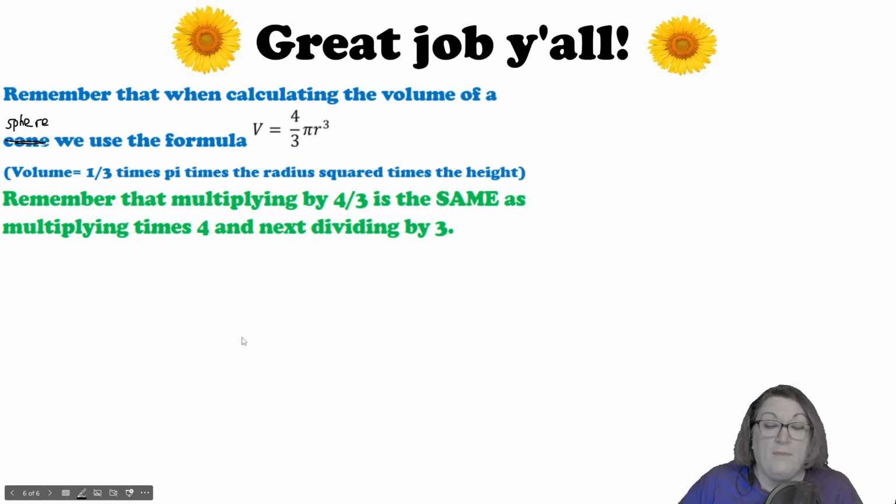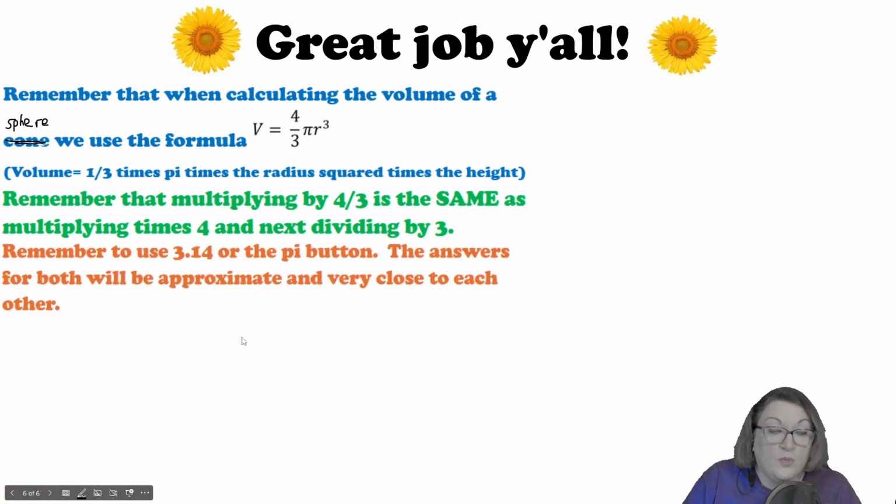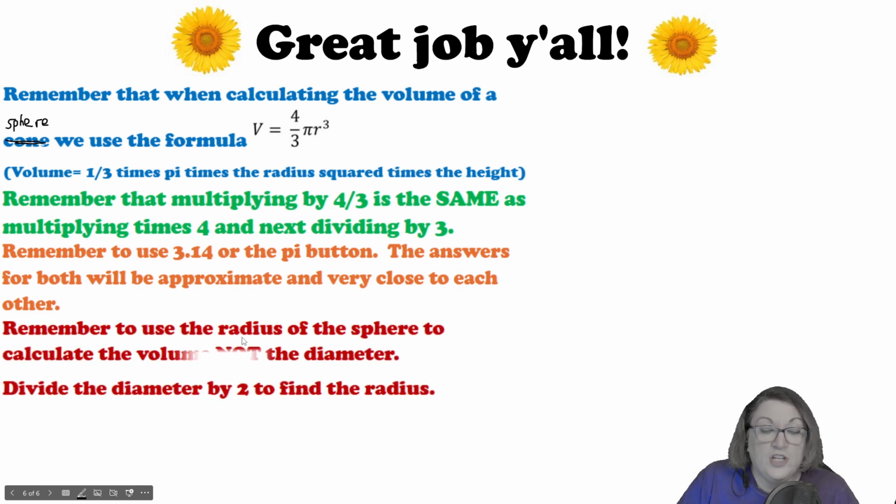And remember that multiplying times 4/3 is the same as multiplying times 4 and dividing by 3, in case your calculator does not have a fraction button. Also, remember that whether you use 3.14 or the pi button, the answers will be approximate, very close to each other, but slightly different. And then remember to use the radius of the sphere to calculate the volume, not the diameter.